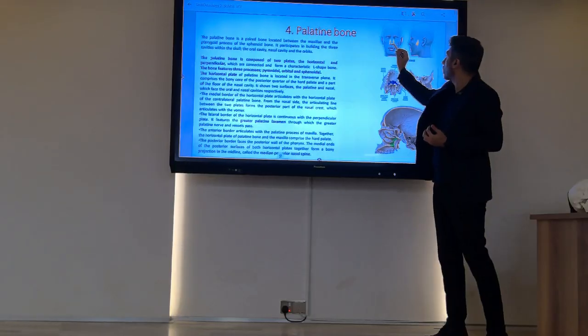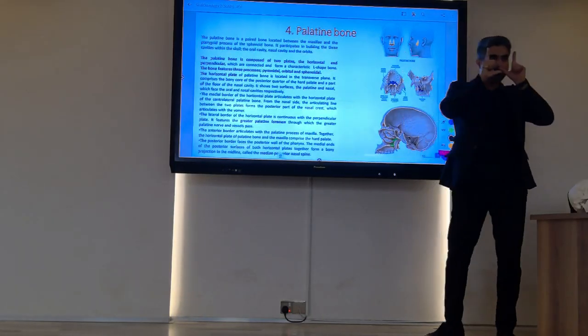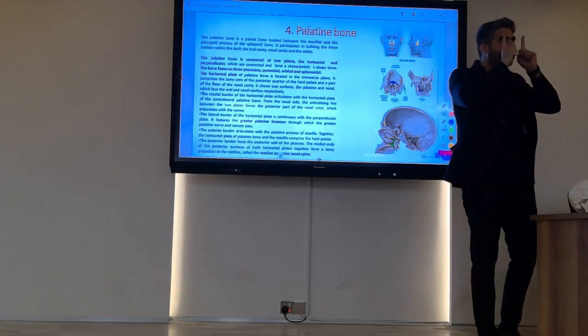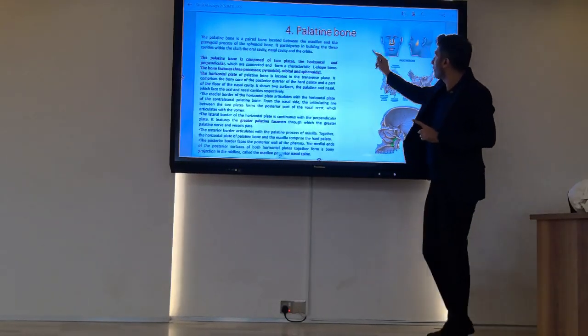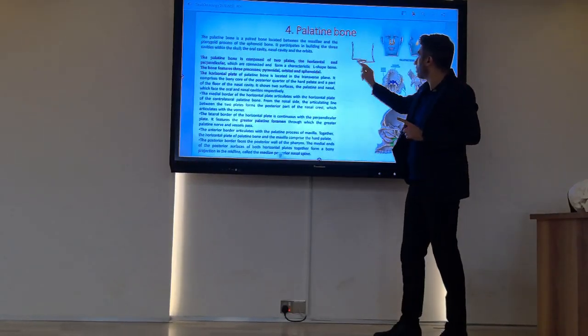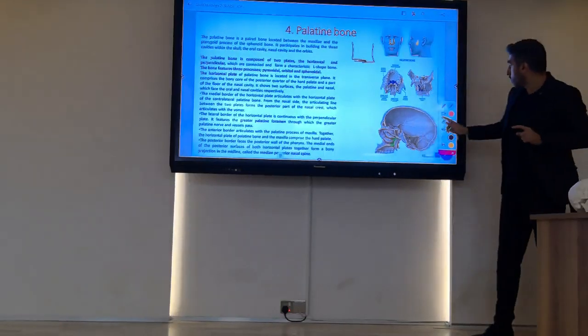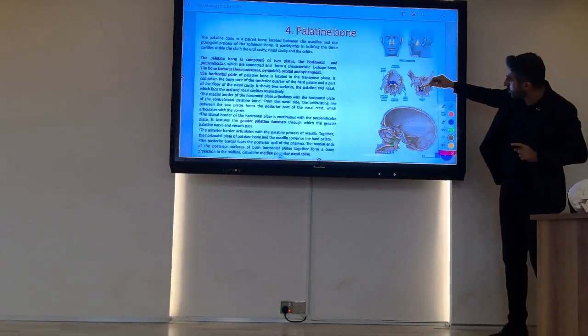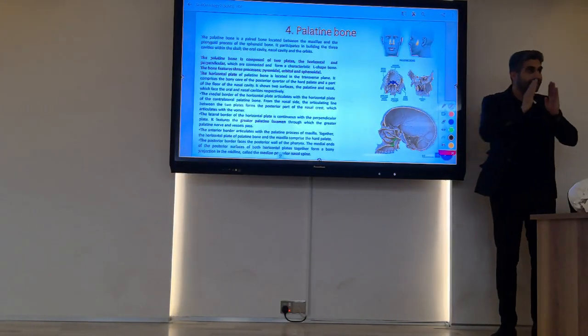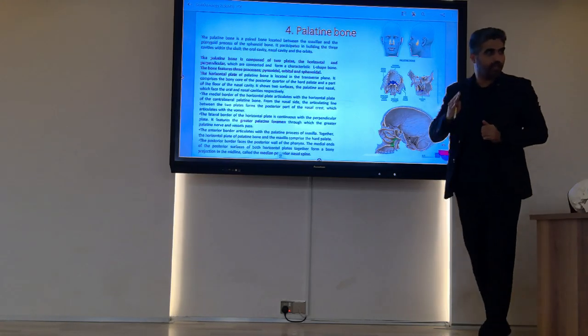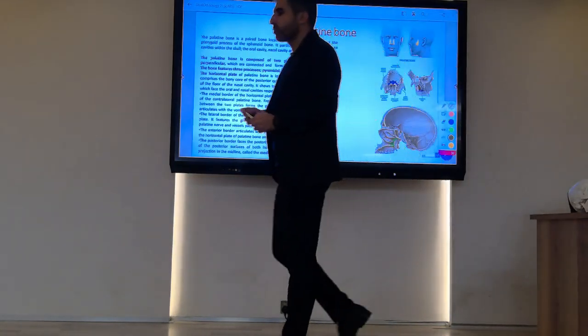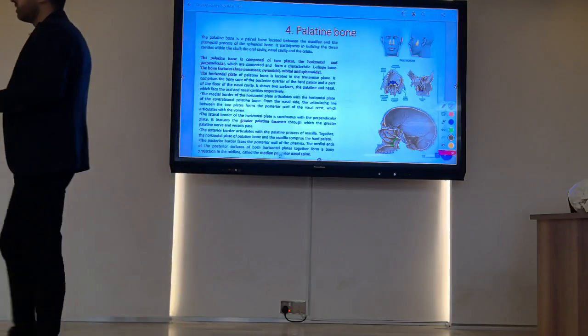The horizontal part is in the hard palate, behind the maxilla, and the vertical part is in the lateral side of the nose, because we have two L-shaped structures like this. You can see them. Look at the vertical part, it's here. The vertical part is exactly anterior to the pterygoid process of the sphenoid bone.